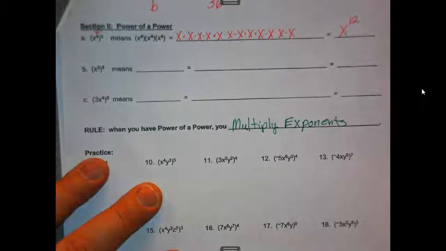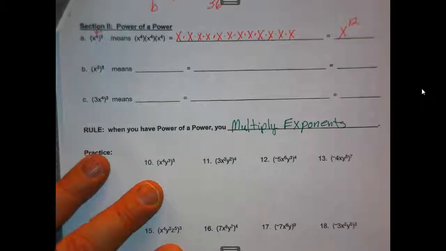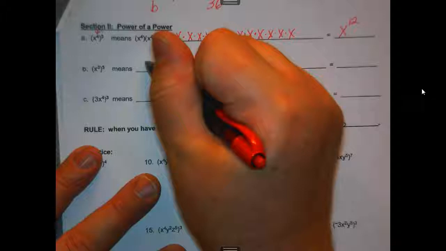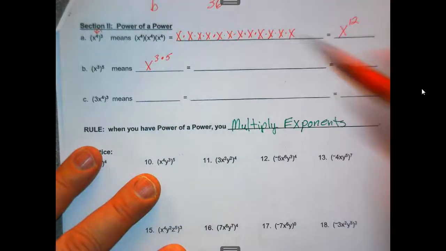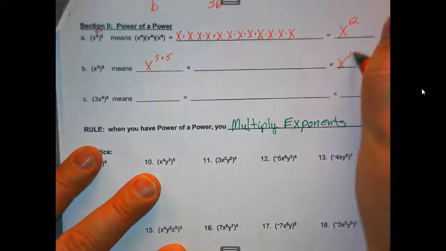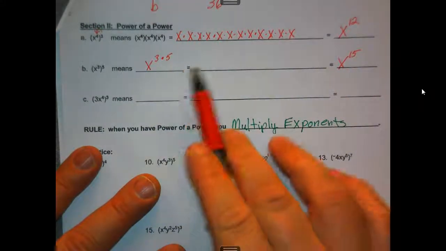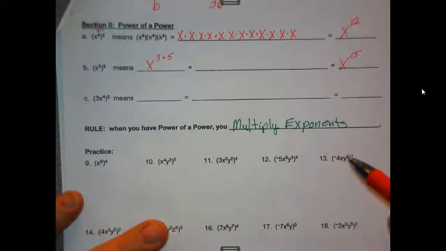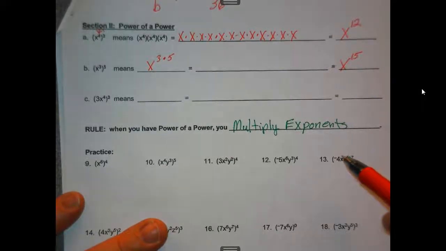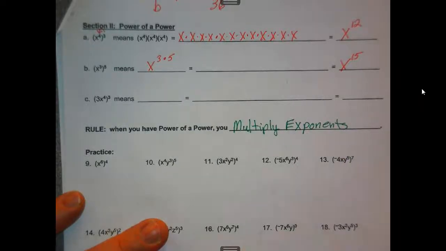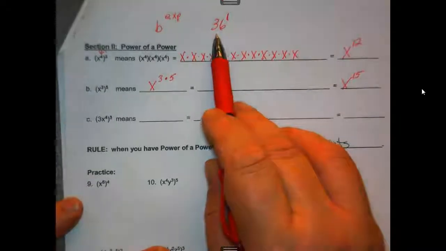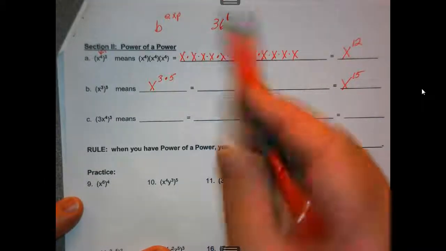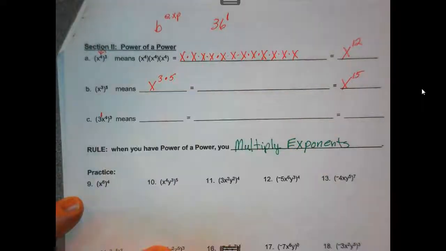Okay, what's x to the third raised to the fifth? X to the 3 times 5, which is x to the 15th. If you want to write them all out, go right ahead. What about C? Remember what I told you, every number has the power of what? 1. So that 3 has a power of 1.